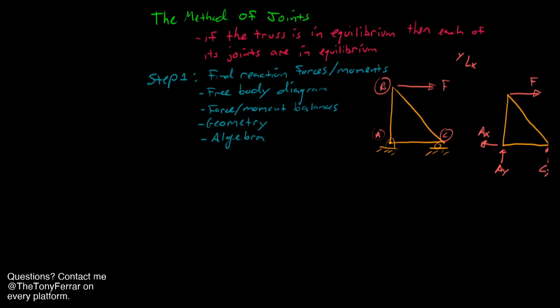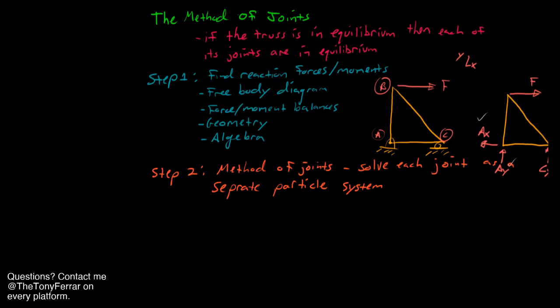Sum of forces, sum of moments, we can solve that to find the reaction forces AX, AY, and CY. So those become values that we now know as we move forward with our analysis.